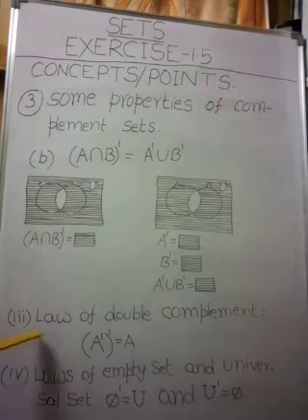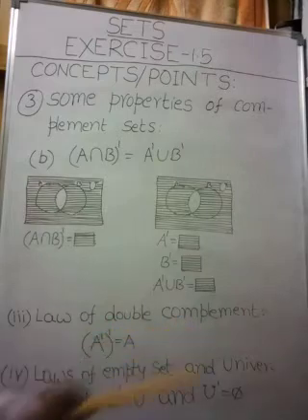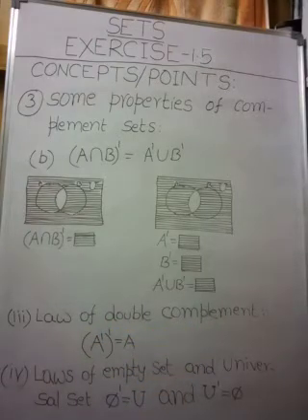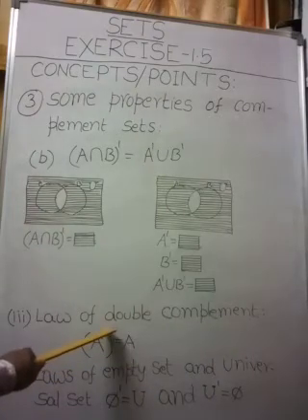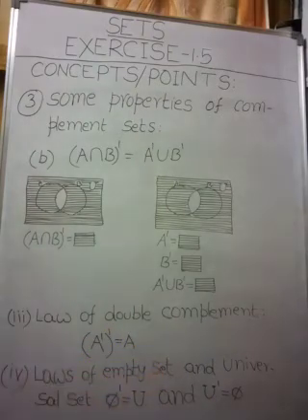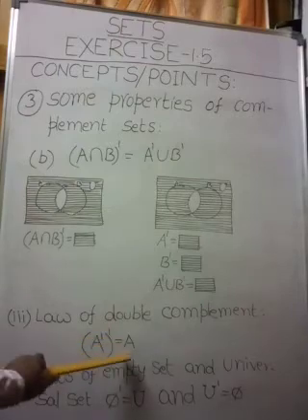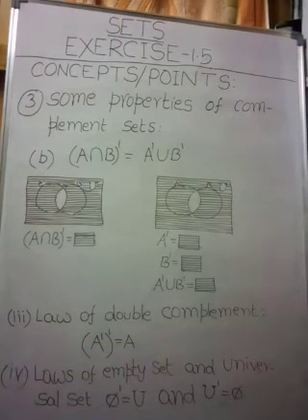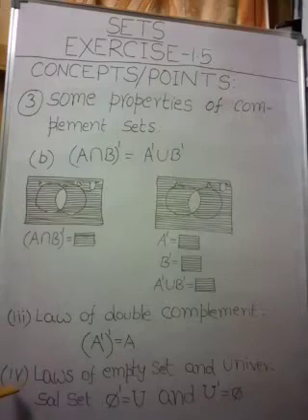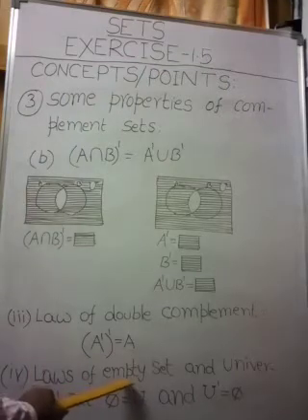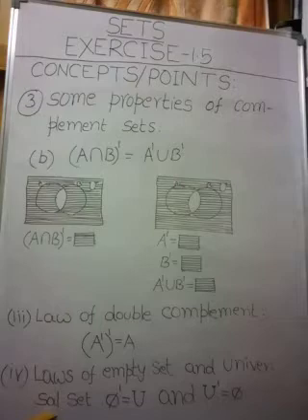And next one, law of double complement. That is, (A complement) whole complement is equal to A, or (A dash) whole dash is equal to A. This is called the law of double complement. And next one, laws of empty set and universal set.